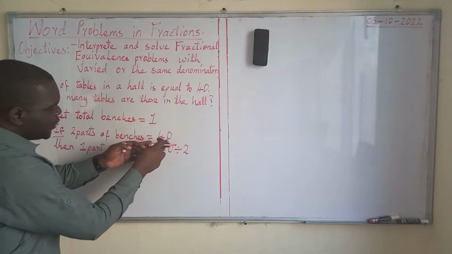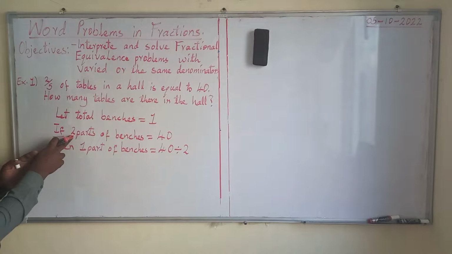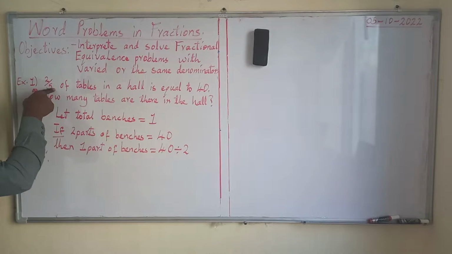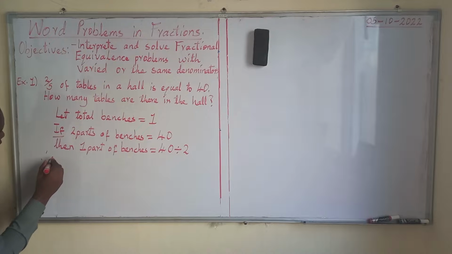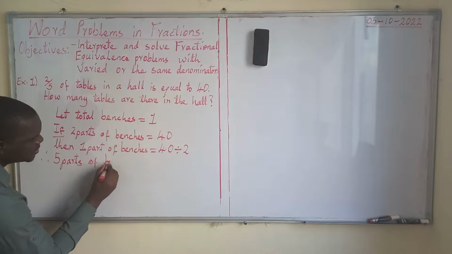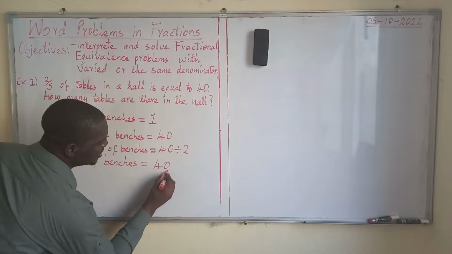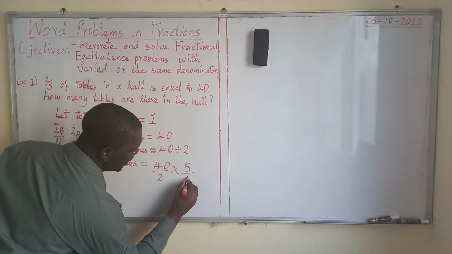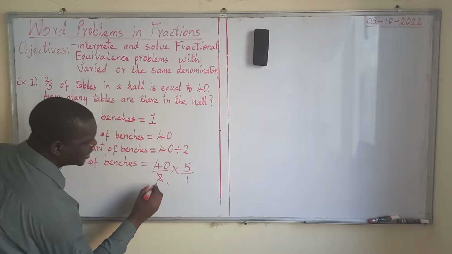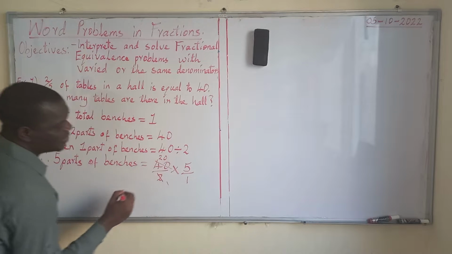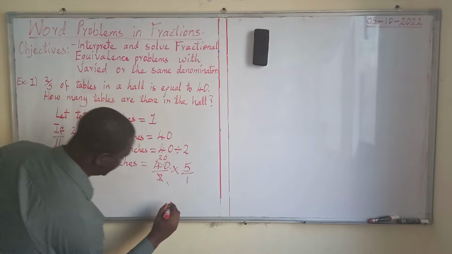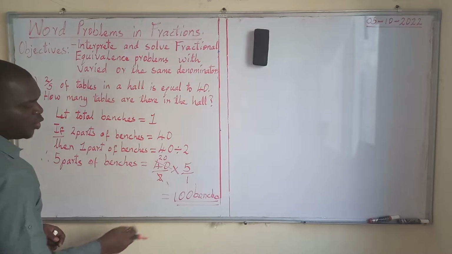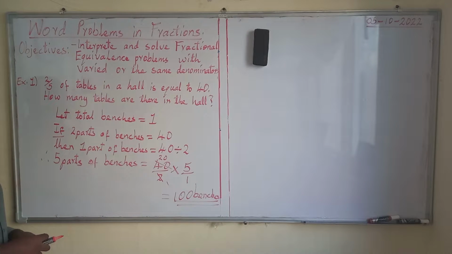Now they're asking us for the total number of benches in the hall, and we know that they are divided into 5 parts, so 5 parts of benches will be equal to 40 divided by 2, multiplied by 5 parts all over 1. 2 can divide itself 1 time, and 2 can divide 40 20 times, and 20 times 5 gives 100 benches. So the total number of benches in the hall is equal to 100 benches.